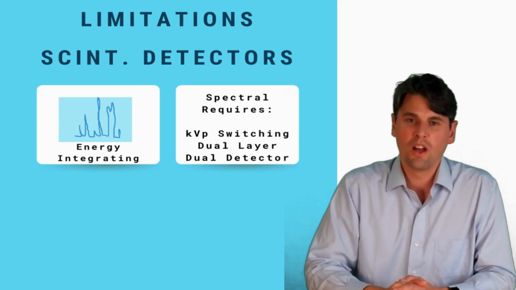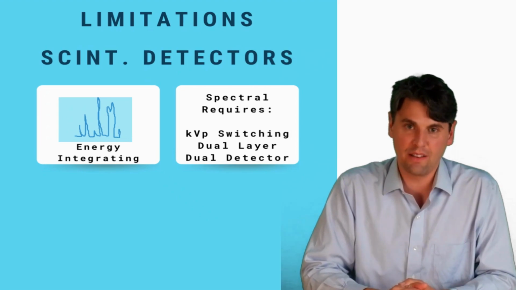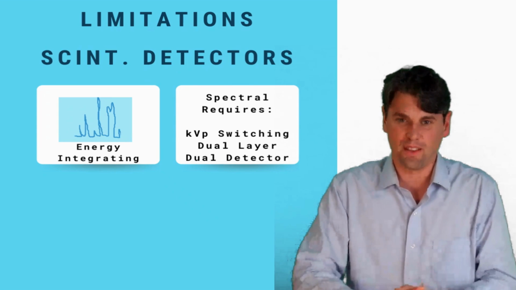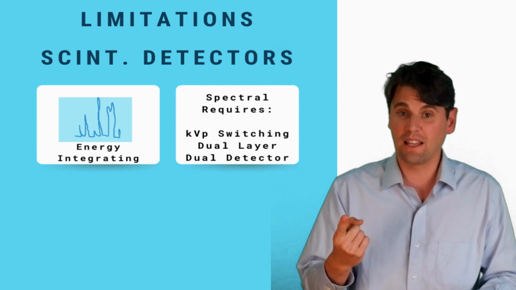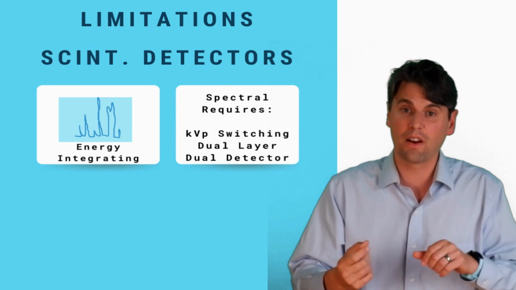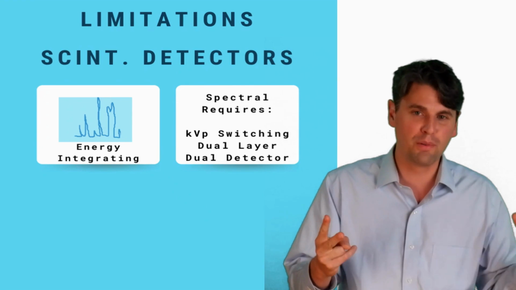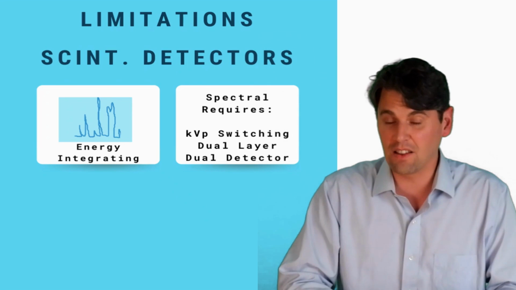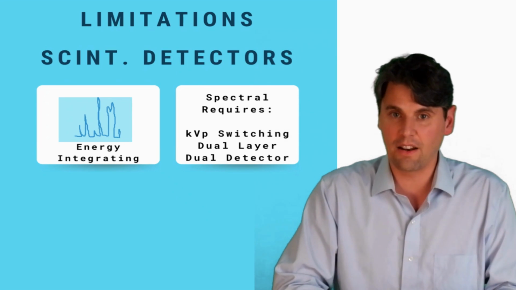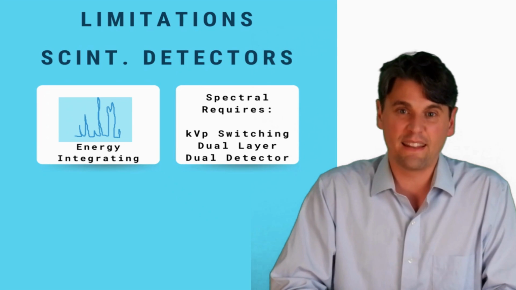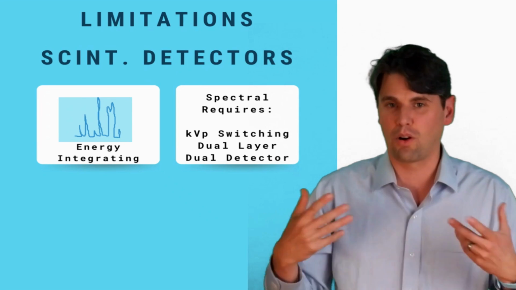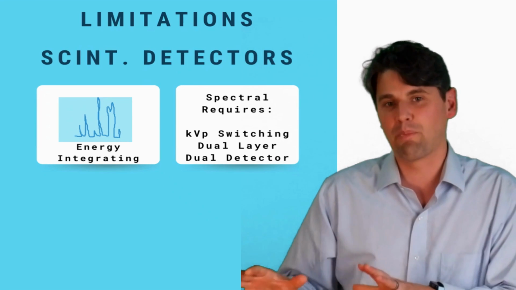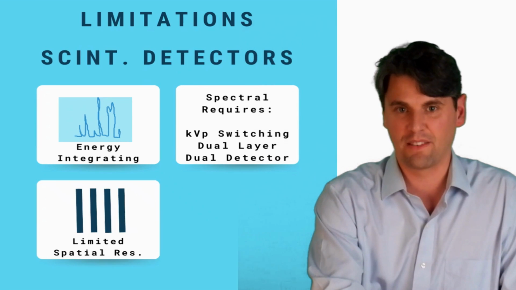Also, there are no inherent spectral capabilities with our standard detectors, so we have to add something to the system. We either have to add the ability to switch the kVp very quickly, or we have to add two tubes and two detectors to a system, or we have to add another layer of scintillator behind our initial scintillator. These are the type of things we can do to get spectral imaging, or what's called dual energy information, in our CT. That's not built in with a standard scintillation-based detector.